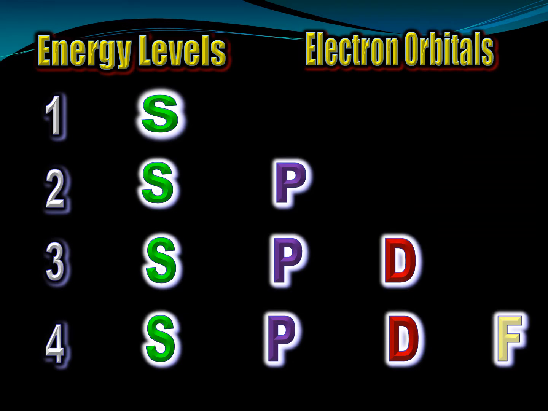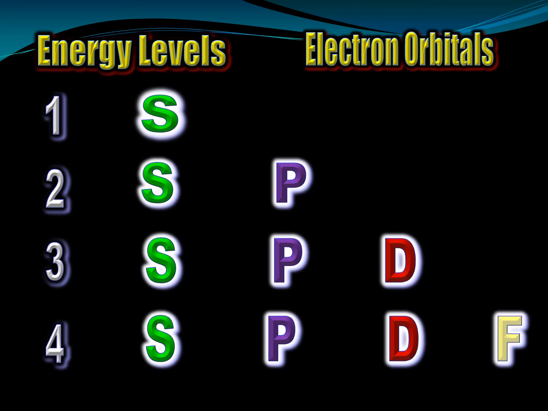Energy levels. In the textbook, they refer to these as shells, like shells of an onion, shells of an egg. I prefer calling them energy levels. Energy level 1 has one orbital, an s. Energy level 2 has two orbitals, an s and a p. Energy level 3 has three orbitals, an s, a p, and a d.